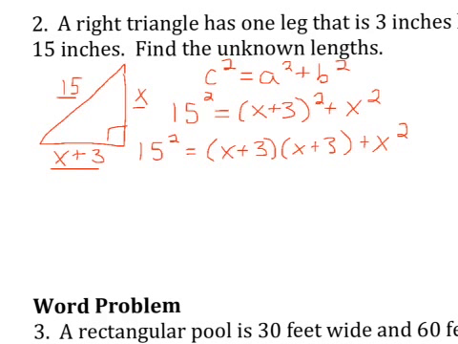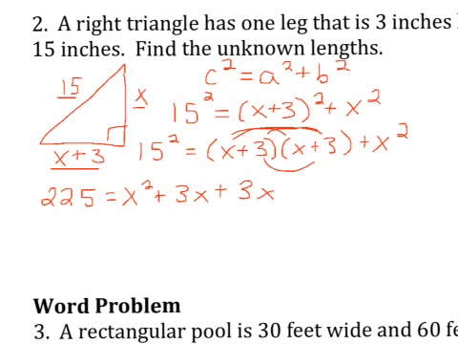So we're going to get 225 equals x squared plus 3x plus 3x plus 9 plus x squared.